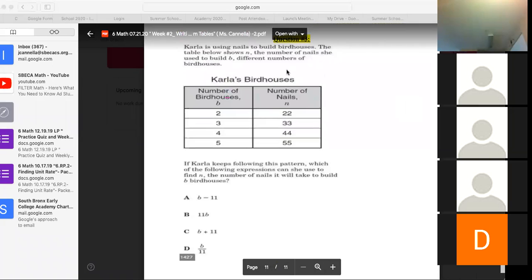The table below shows N, the number of nails she used to build B, different numbers of birdhouses. If Carla keeps following this pattern, which of the following expressions can she use to find N, the number of nails it will take to build B birdhouses?